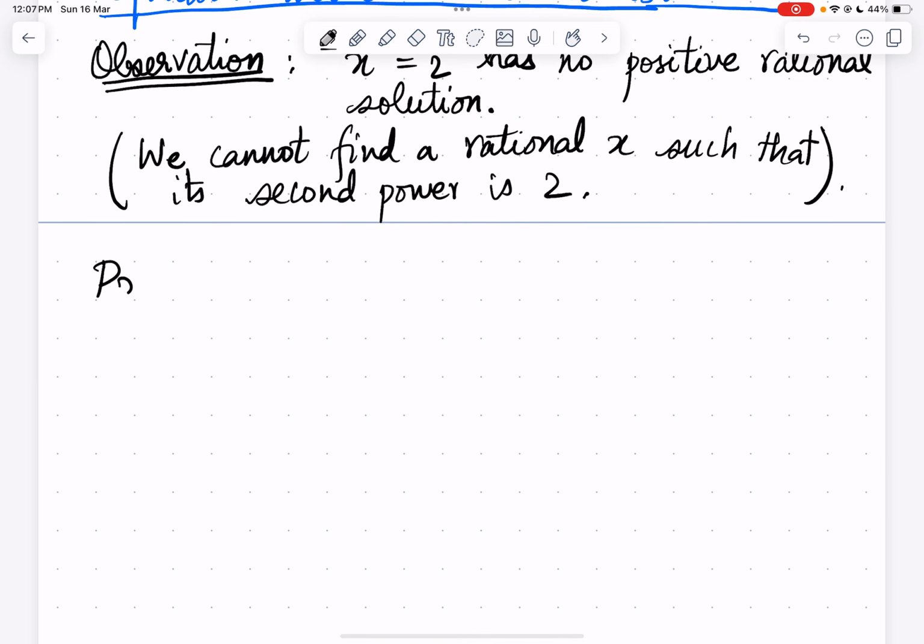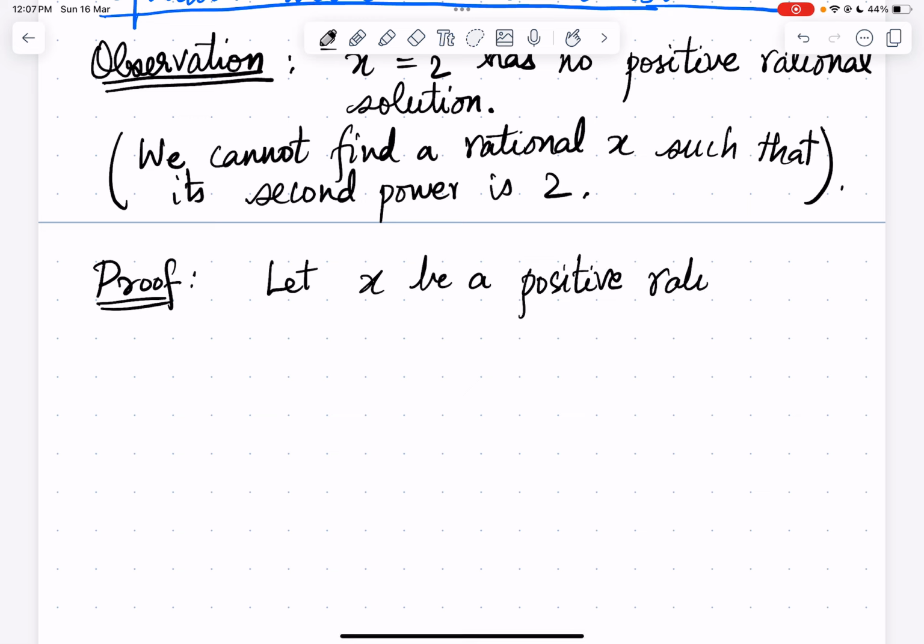So the proof is: let x be a positive rational solution. We can write x in lowest form.